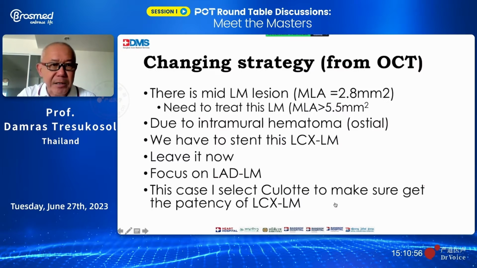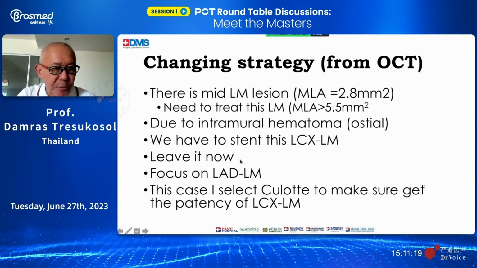So what we are going to do here, we change the strategy after OCT. Because there is a mid left main lesion, MLA is 2.8 to 0.9, and we need to treat this left main because MLA is less than 5.5 square millimeter. That is significant. Due to intramural hematoma on the ostial, we have to stent this left circumflex to left main.